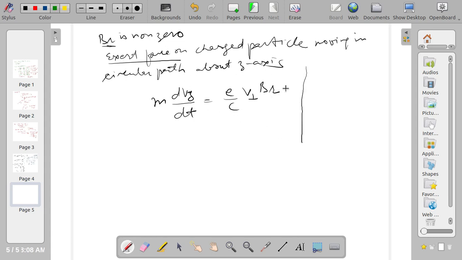For this, we have studied earlier in the earlier lectures that m x double dot can be e by mc y dot B. Similarly, y double dot we have taken as e by mc x dot B. So in the similar fashion, because this is the radial part and the velocity, these two are perpendicular, because here it is the z axis and it is x or y.